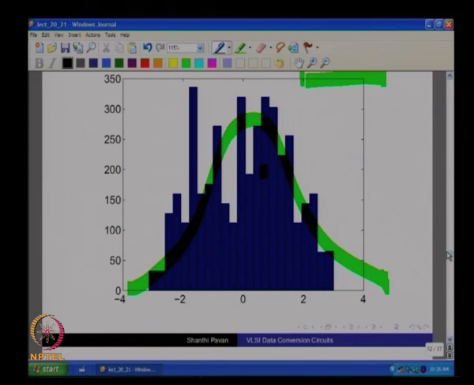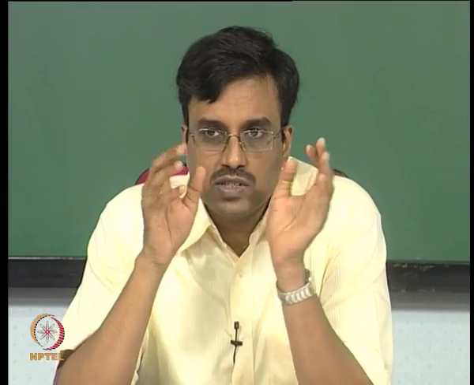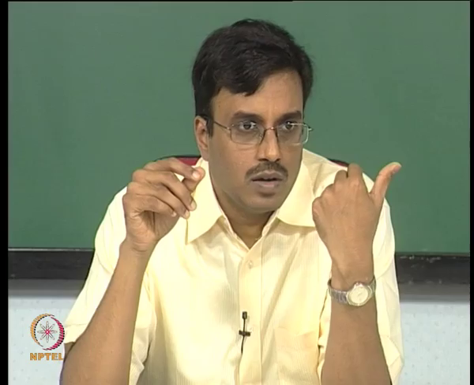You must understand that E of n is assumed at least to be a white sequence, in other words uncorrelated from sample to sample. The shaped quantization noise is formed by taking this white sequence and passing it through a filter, which means that at any one sample it is a linear combination of several samples of the quantization noise.